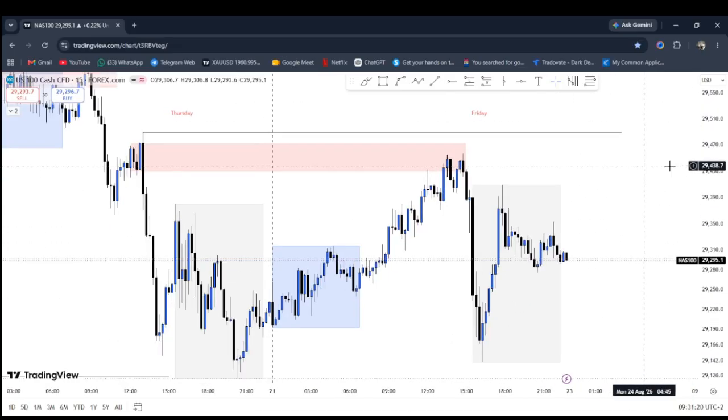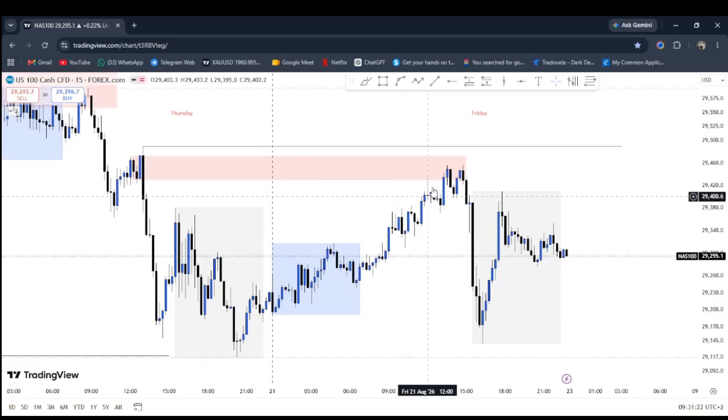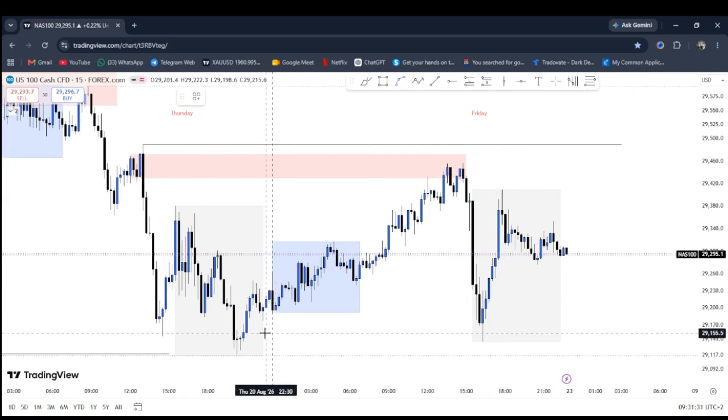So price came to this smart money trap, reacted to it, built liquidity up there, and the next thing I noted was we had liquidity up here.